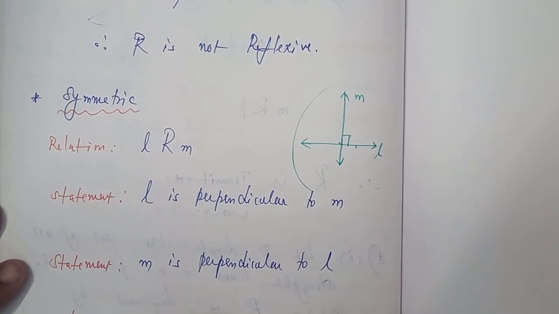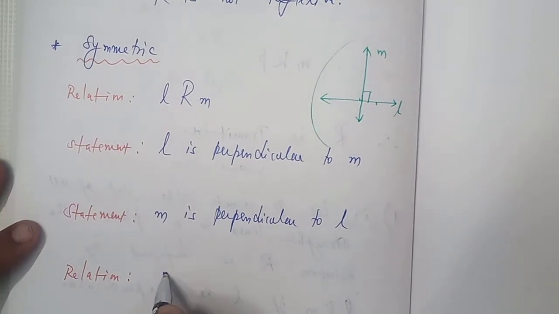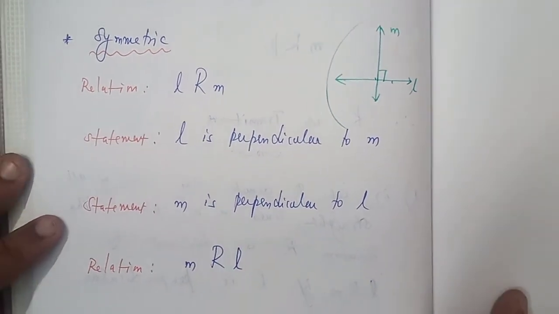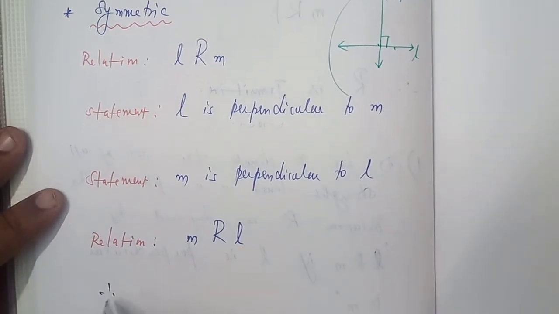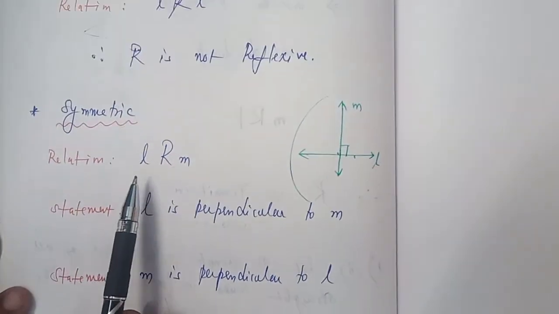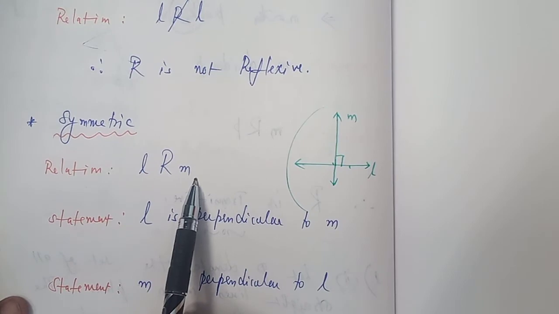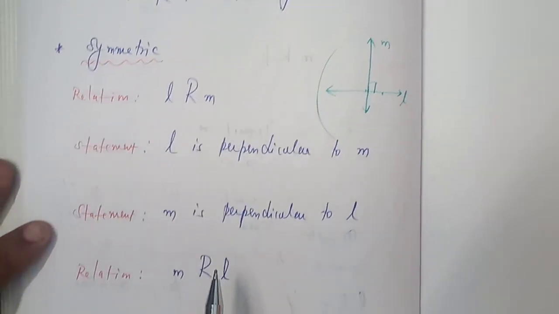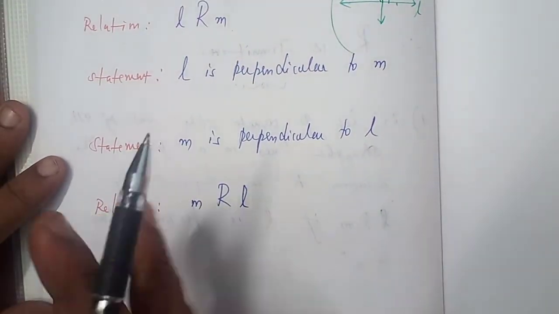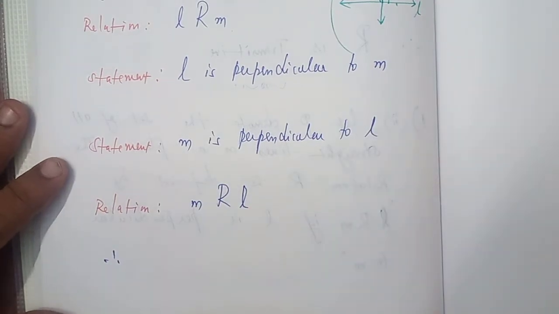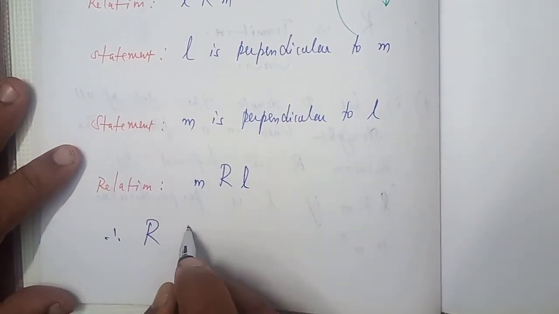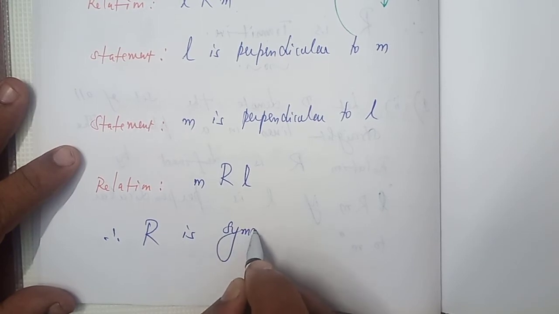The given statement is true. Therefore, you can write M is related to L. We start with L is related to M, and we have proved M is related to L. That is called symmetric, so R is symmetric.